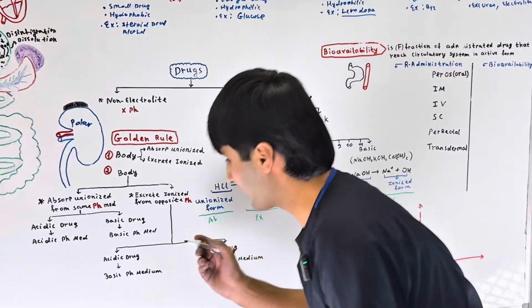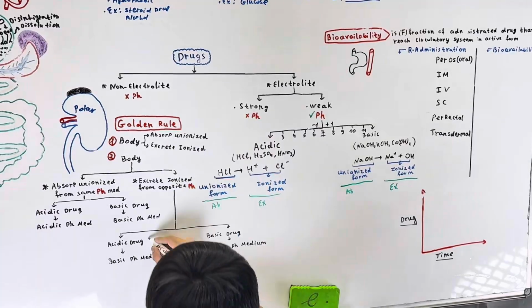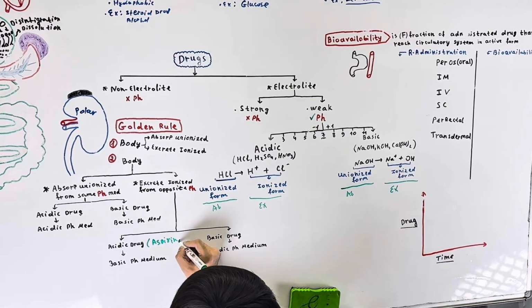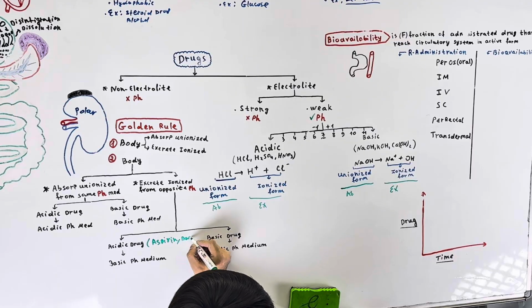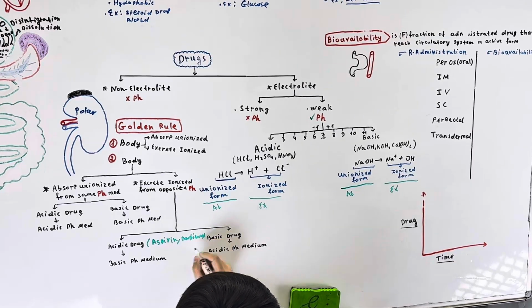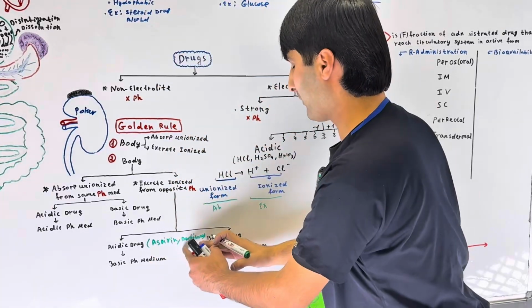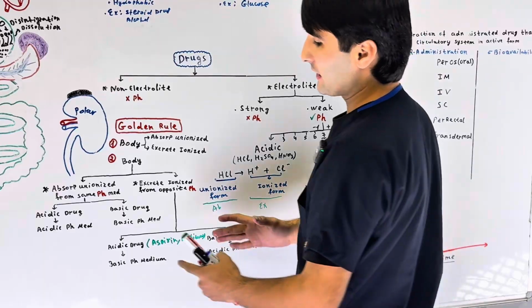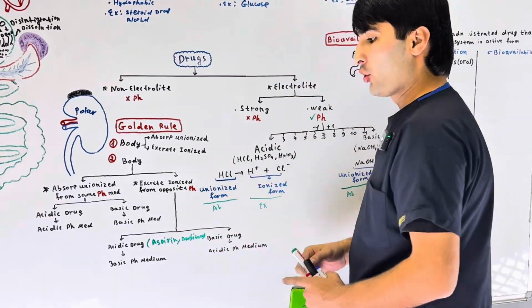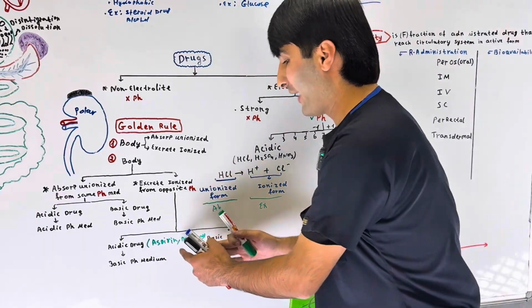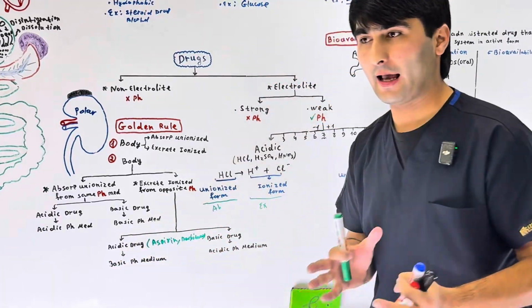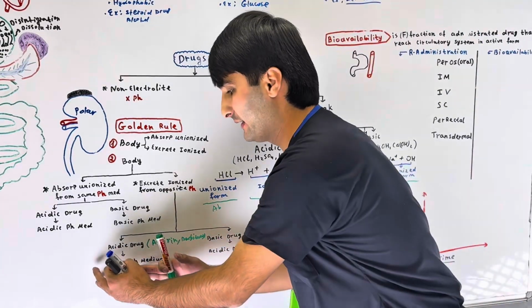Which drugs are acidic? You should know, for example, aspirin or barbiturate. They are acidic by nature. If the patient comes with poisoning by these drugs, you should know that in order to excrete the drugs through the kidney, you should make the kidney alkalinized, to make the urine basic.